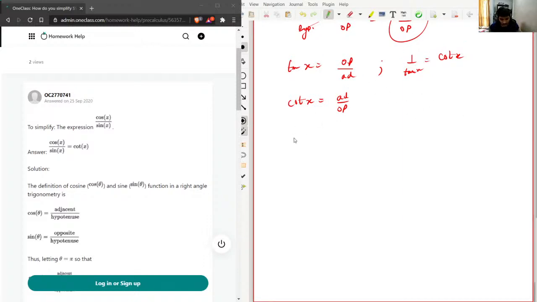So we can just write, sorry, not sine, it will be cosine. Cosine x over sine x is adjacent over opposite, which is cotangent of x or 1 over tangent of x.